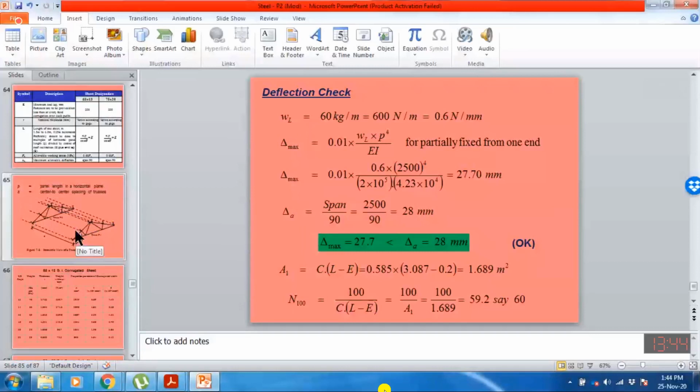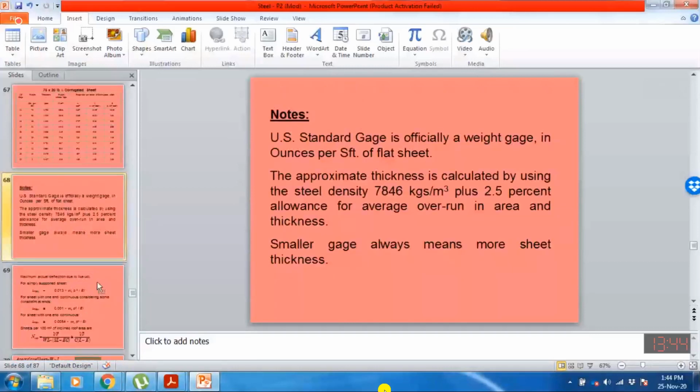Yes, here. This is the formula for the simply supported case, and this formula is for one end continuous, considering this is conservative. Actually this 0.013 is equal to 5 divided by 384. So you need to assume the sheet simply supported between purlins.